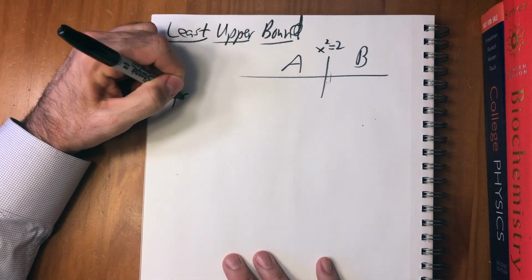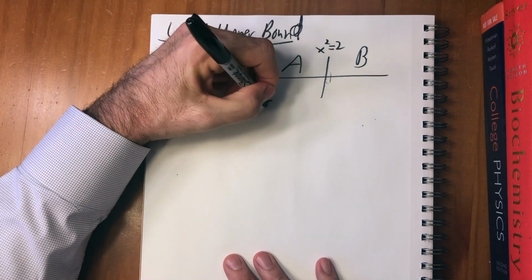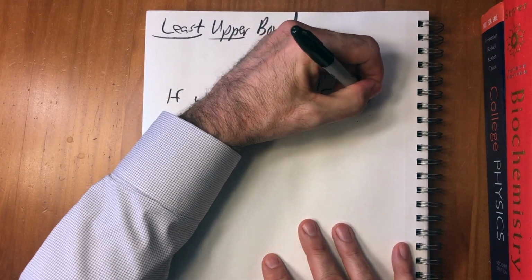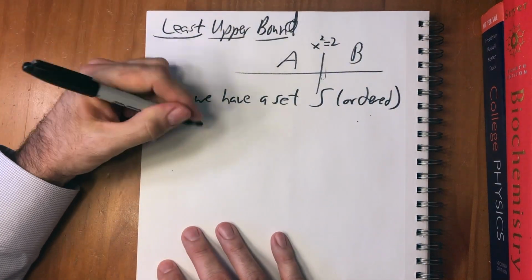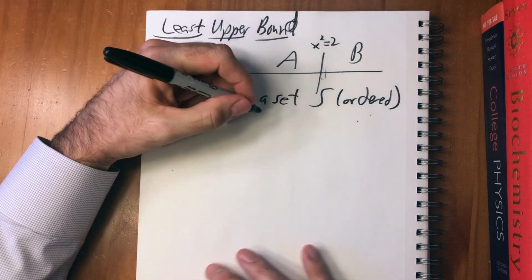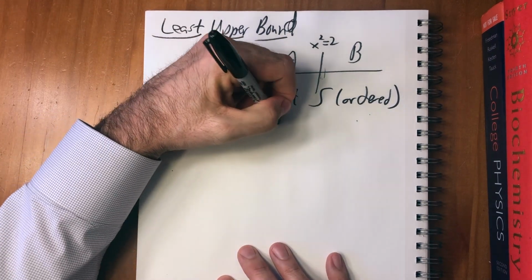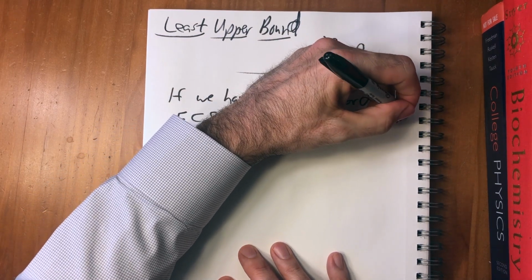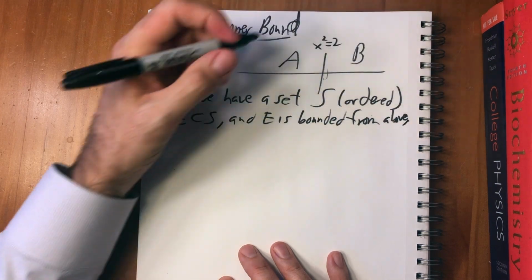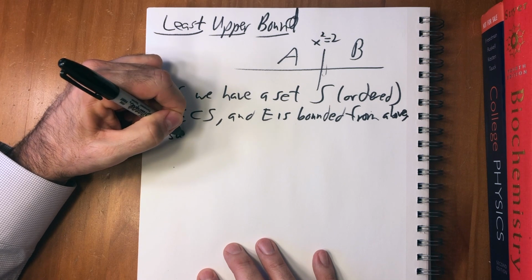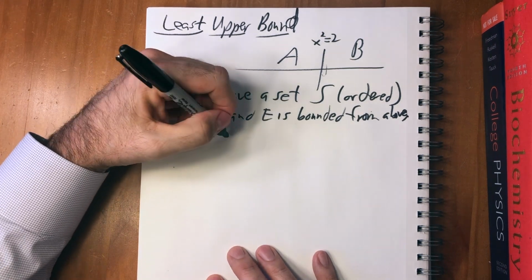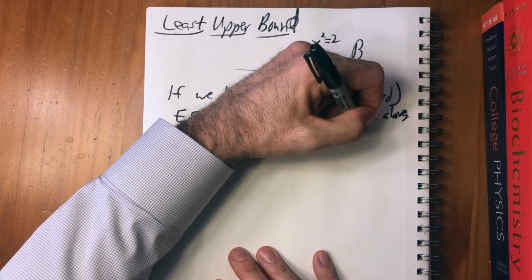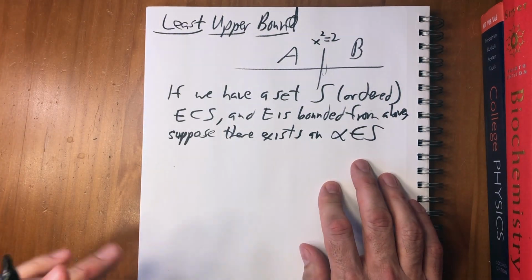So if we have an ordered set S, and again E as a subset, and E is bounded from above, then suppose there exists an alpha in S with the following properties.